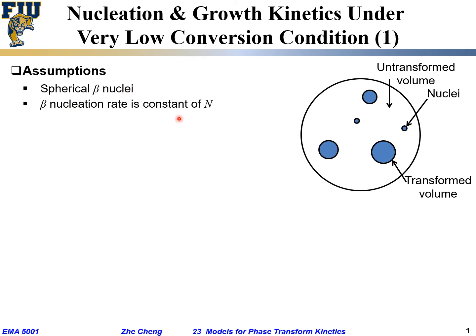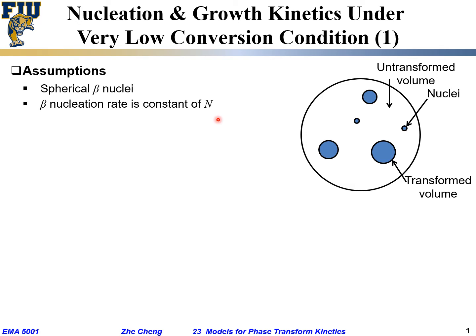And then, for simplicity, let's assume the nucleation rate is a constant value of n. Nucleation rate means per unit time, per unit volume of untransformed volume, how many new small nuclei form.